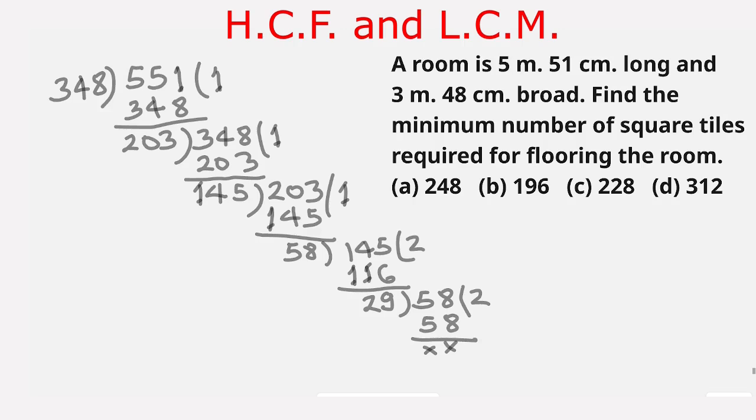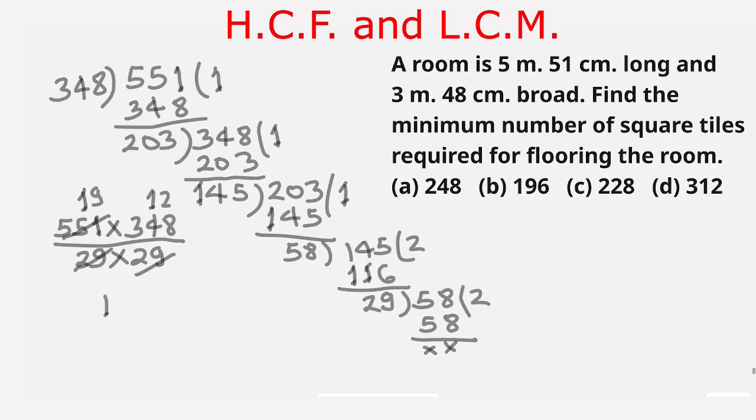For finding the number of tiles, we divide the length and breadth of the room by the length and breadth of the tile. So we divide 551 multiplied by 348 by 29 multiplied by 29. This is the size of the tile. 29 divides 551 for 19 times, and 29 divides 348 for 12 times.